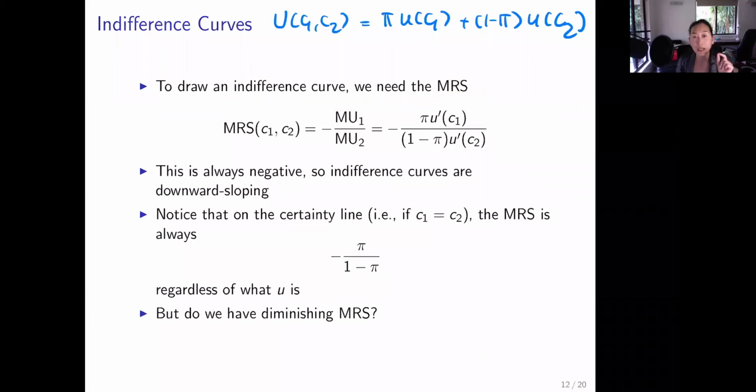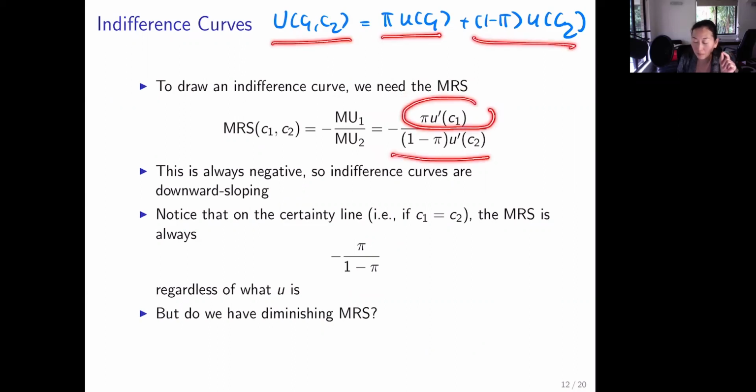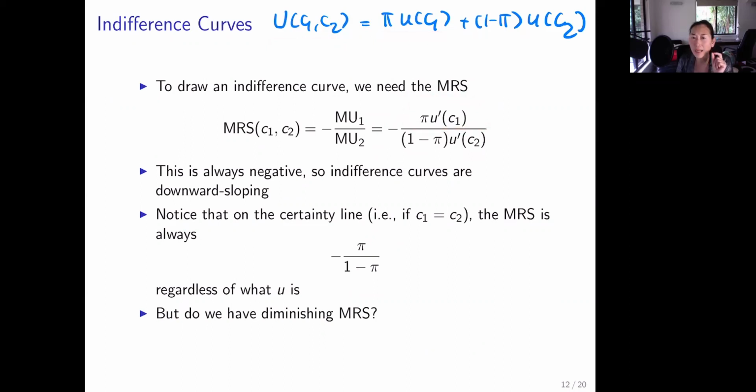Then we need the MRS, right? Remember that we have seen this before. You just take the partial derivative of U with respect to C1, you get MU1, and then this is MU2. And this is always negative. You can see that it's always negative because this probability has to be between 0 and 1.